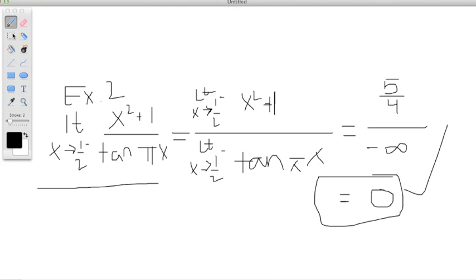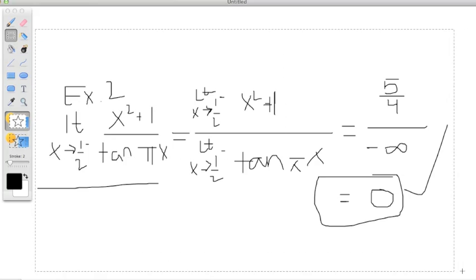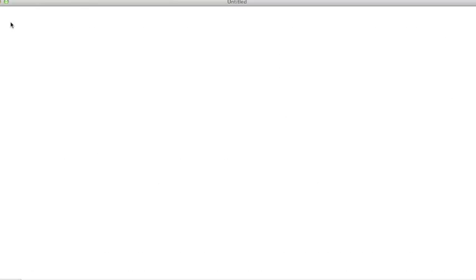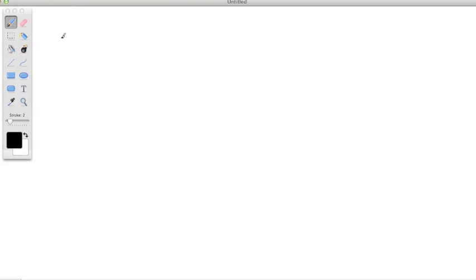Now the next property we're going to deal with is the product property. This is also similar to both the sum and difference and the quotient property. You basically take the two things that are multiplied together, split them up, and find the separate limits. The problem is the limit as x approaches -1/2 from the right of 3 tangent pi x.